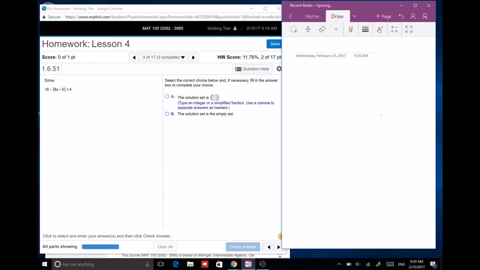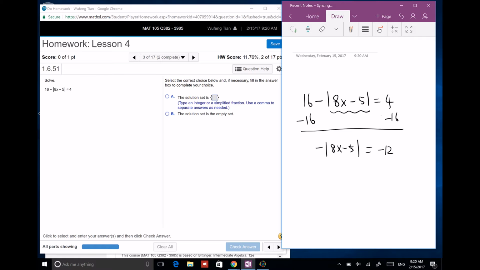Next one. 16 minus the absolute value of 8x minus 5 equals 4. So we need to isolate the absolute value. We can subtract 16 from both sides. 16 minus 16, you get negative absolute value of 8x minus 5 equals negative 12.